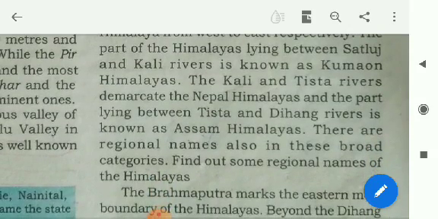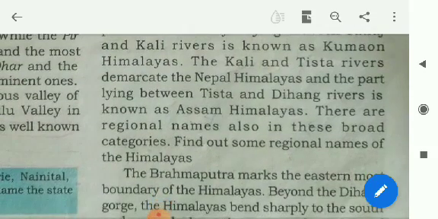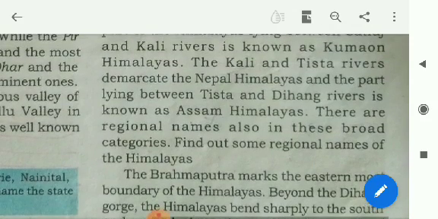For example, the part of the Himalayas lying between the Indus and Satluj has been traditionally known as Punjab Himalaya, but it is also known regionally as Kashmir and Himachal Himalaya from west to east respectively. The part of the Himalayas lying between Satluj and Kali rivers is known as Kumaon Himalaya.